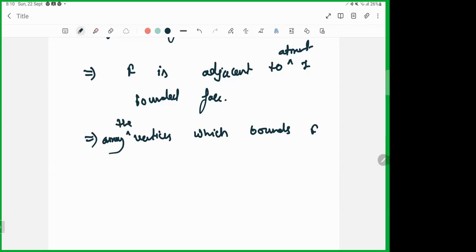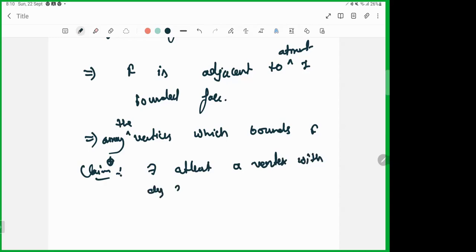the claim is there exists at least one vertex with degree 2. Now assume the contrary, that this wasn't the case.